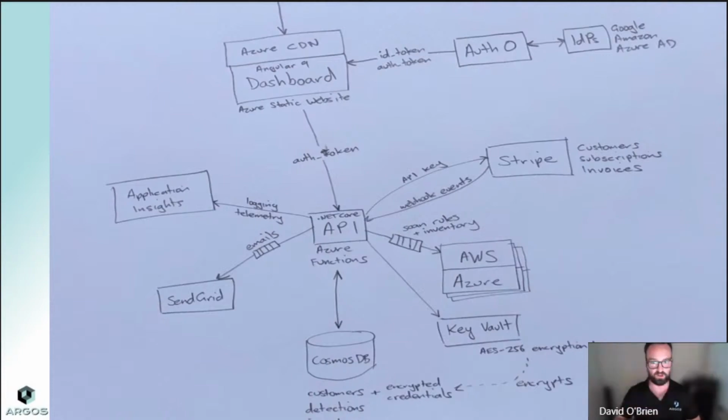Our front end at the top, at 12 o'clock, is an Angular app hosted on Azure storage account, static website basically, behind an Azure CDN. And the backend at 6 o'clock, down below, is an Azure Cosmos DB database. So as you can see, there's no servers, no domains, no patching, none of that old legacy stuff.